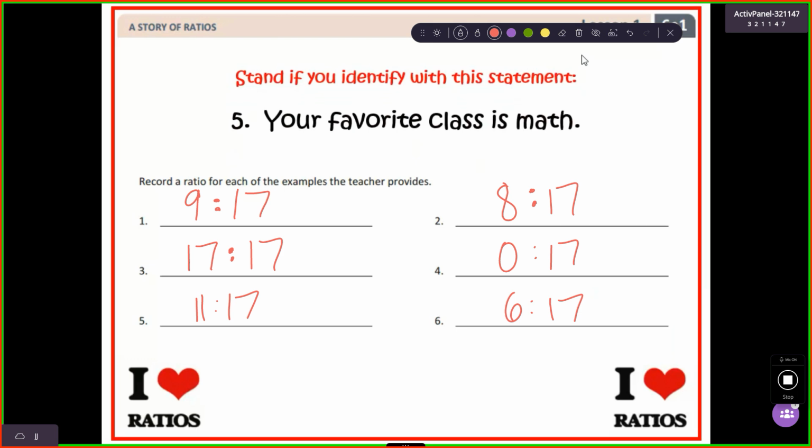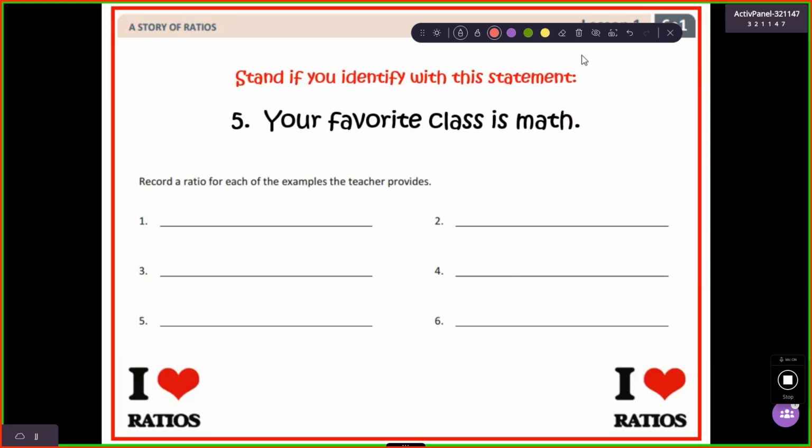So 17 minus 9, we found out it was 8. 17 minus 17, we found out it was 0. 17 minus what was 5? 11, we found out that it was 6. When you did that next step, that's level 3. So are level 3 questions hard? No.